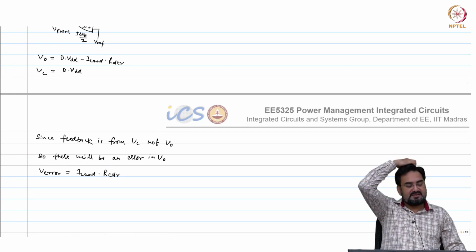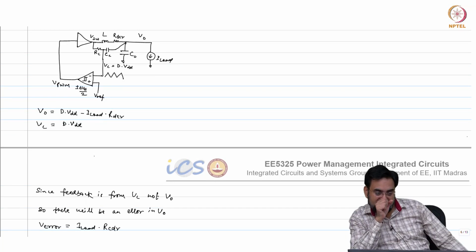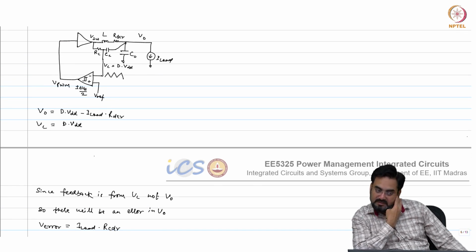Okay, so how do we fix this? How can I fix this? Somehow we can shift the ground level. Ground level of what?